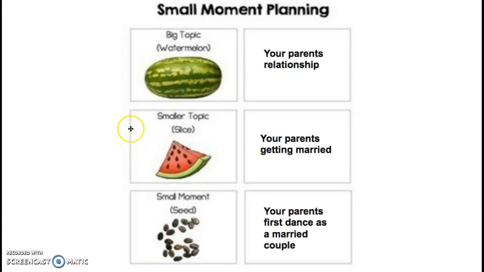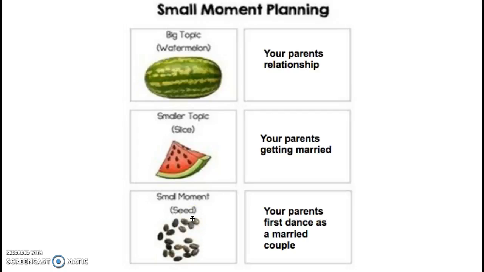Then you have a smaller topic, which could just be your parents getting married. But again, that could be really big and isn't probably what we want to work with. A small moment could be your parents' first dance as a married couple. So something like that might work.